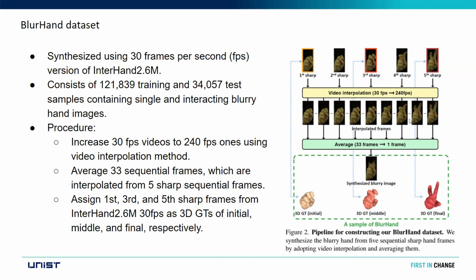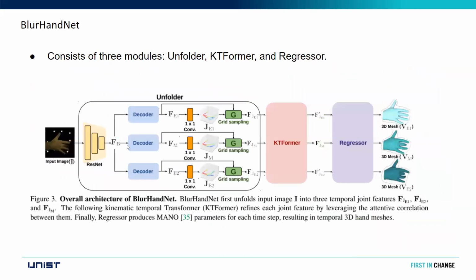This is the pipeline of generating BlurHand. It's different from this. Now this one is just the input image, one blurred input image. They generate 3D mesh, three 3D mesh reconstructions. Yeah, that's all.